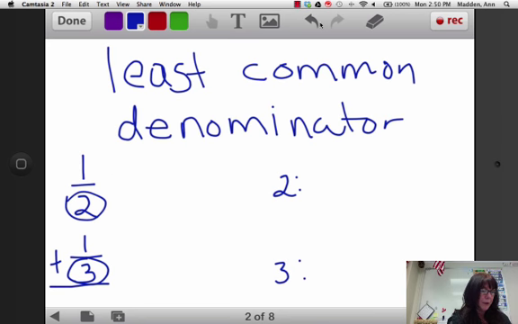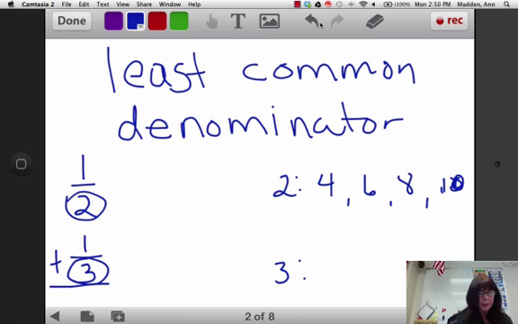I say to myself, well, let's see, what are the multiples of 2? To find the multiples of any number, you count by that number. So 2, 4, 6, 8, 10. I'm going to stop there and we'll try the 3. Sometimes this pen doesn't work very good.